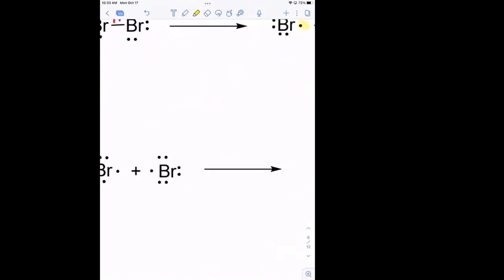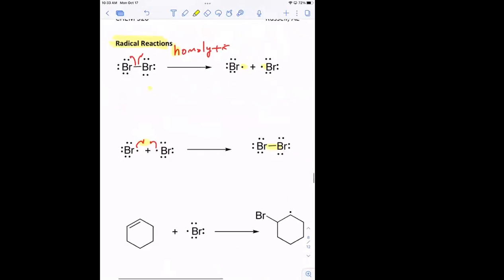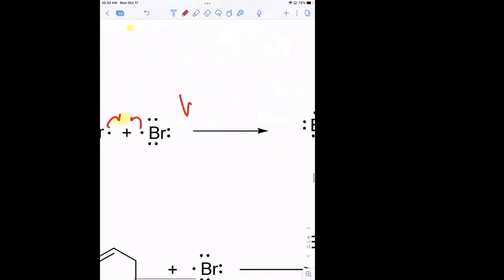So if I want to show a bond being made between two radicals, I put a fish hook here and a fish hook here. They meet in the middle. That's how I show that bond being made, homogenic.